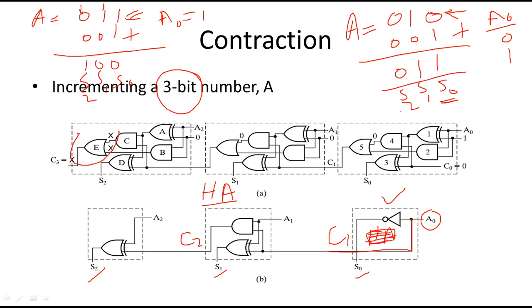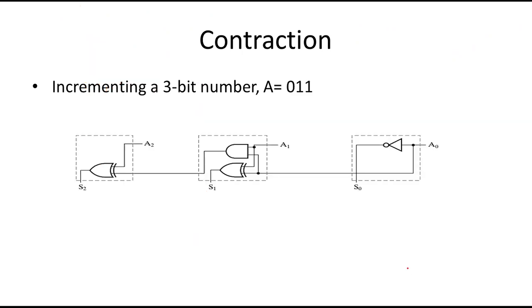So here we see that we can just skip this. So there is no AND gate, and there is no carry out or C3. We just stop. So there are two further simplifications: the last one is further simplified, and the first half adder can be further simplified.